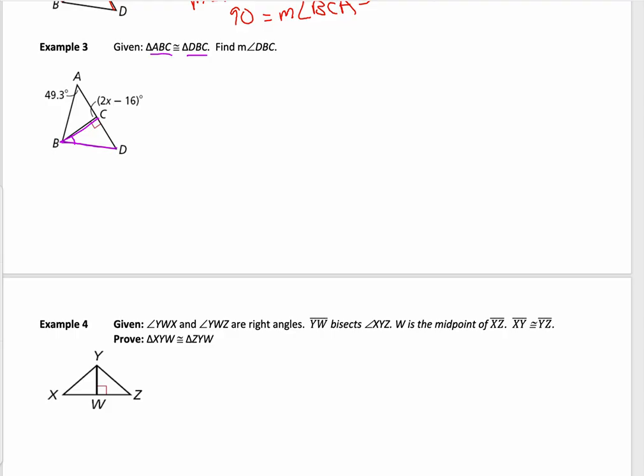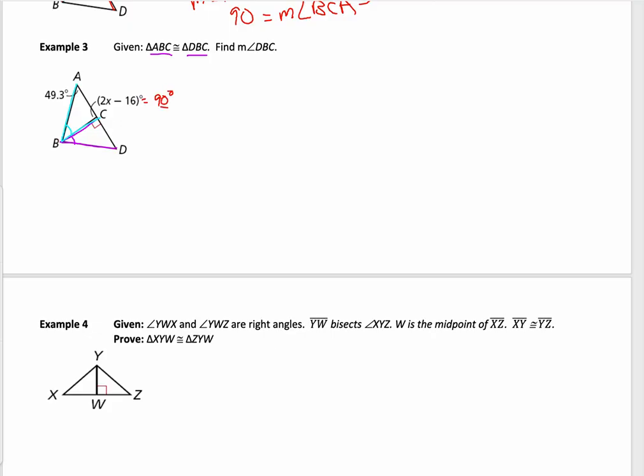ABC. Again, the same three letters in that order. So what is that? I'm going to say A, B, C. Oh, okay. That means these two are congruent. Great. Those are congruent. I'm trying to find DBC. Well, how am I going to do that? Well, I already know from before that this angle ACB is already 90 degrees, right? I already know that.